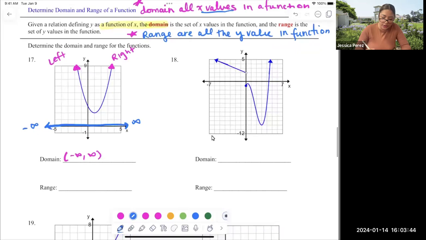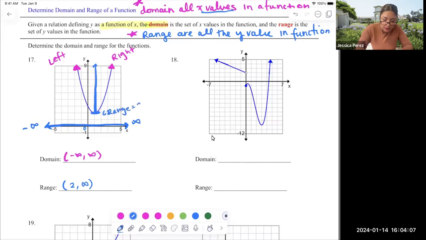And my range is the lowest point to the highest point. So the lowest point is 2, the point right here, because this is (0, 2), to infinity. So my range is my y value 2, and it's going to go all the way to infinity.